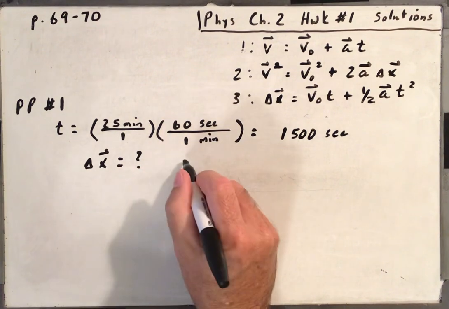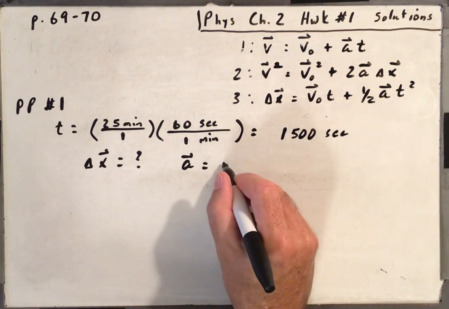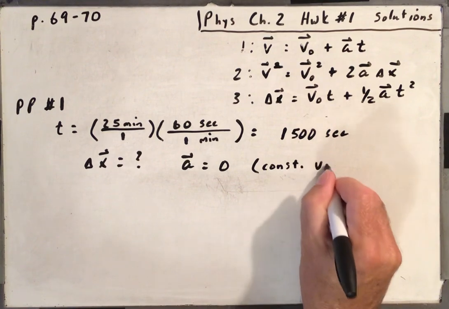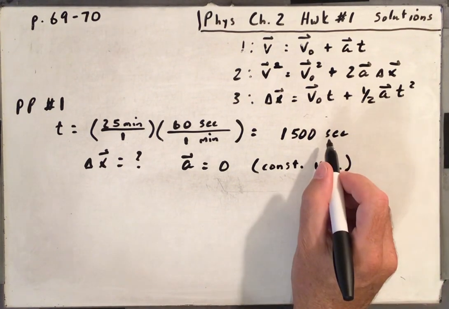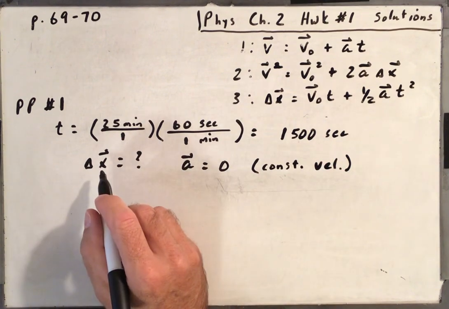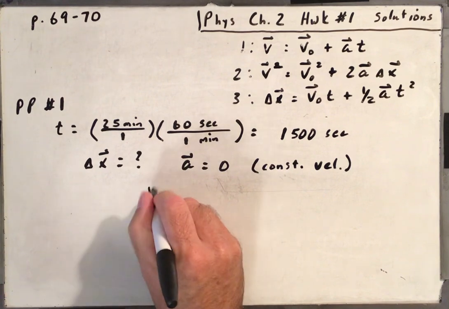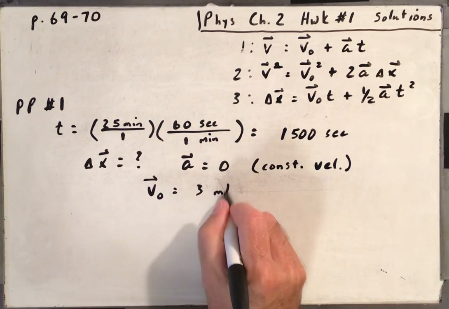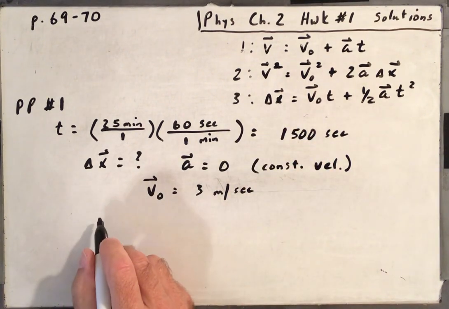It's a constant velocity. So if it's a constant velocity, what is acceleration? Acceleration is 0. So we know time, we're trying to get delta x, and we know that our initial velocity is 3 meters per second. So we can use equation 3.